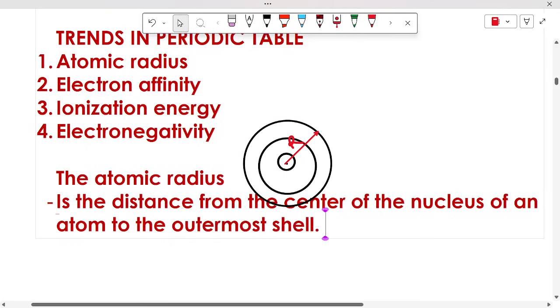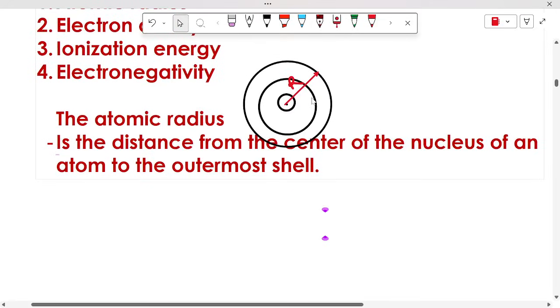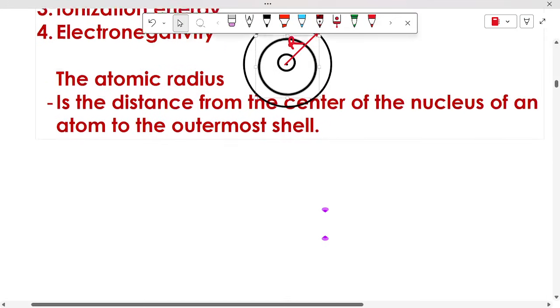In this case, this can be taken as the atomic radius.